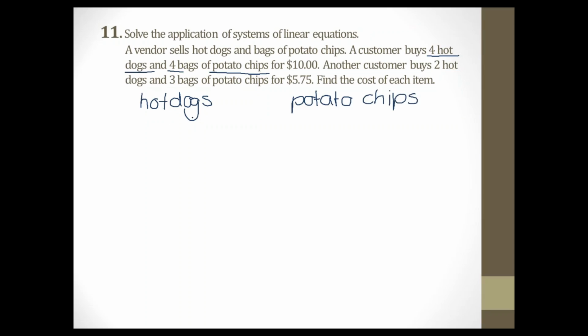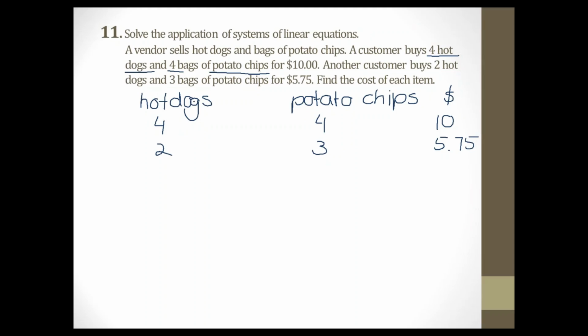So in the first scenario, I was given 4 hot dogs and 4 potato chips, and the amount of money that that customer paid was $10. And then in the second scenario, I had 2 hot dogs and 3 bags of potato chips, and that was $5.75.